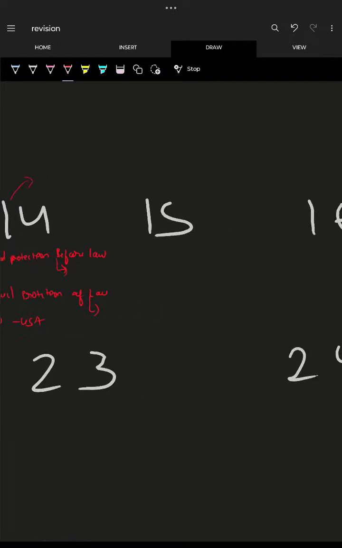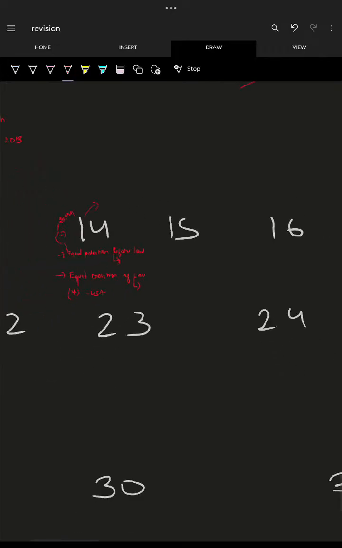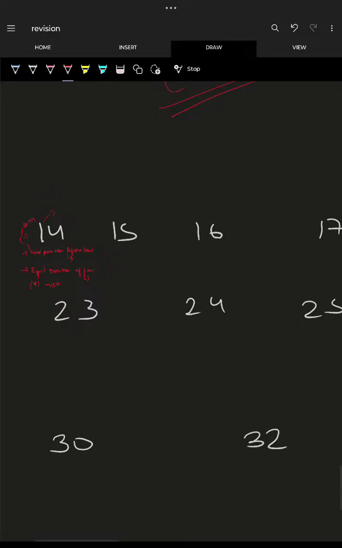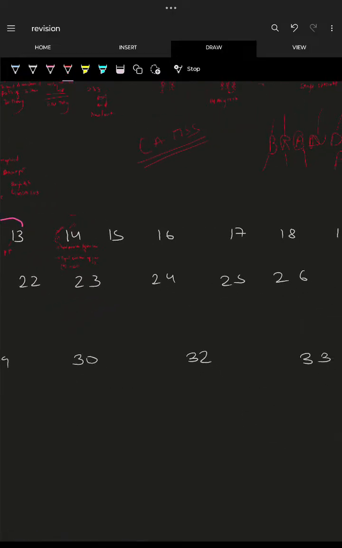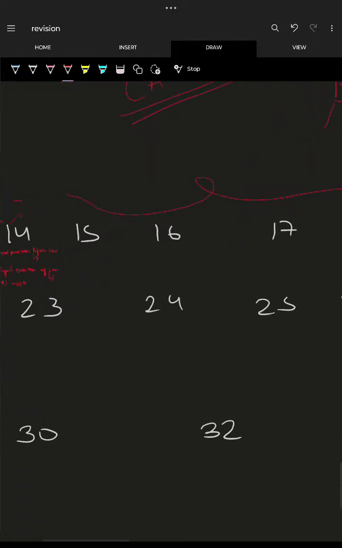Then 15th. Not even 14. It is 15 till 18. It is one group which is equality.